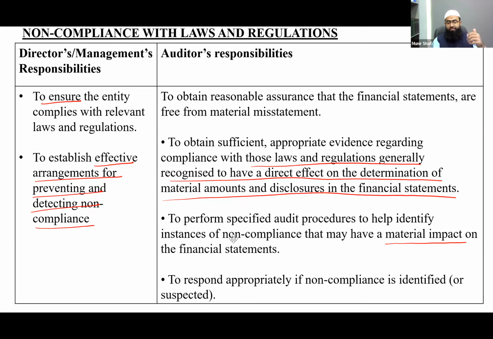And to respond appropriately if non-compliance is identified or suspected. So auditors should obtain reasonable assurance that everything is okay, the financials are free from material misstatement. Auditors should have knowledge and should obtain evidence in relation to those laws which are expected to have financial impact.